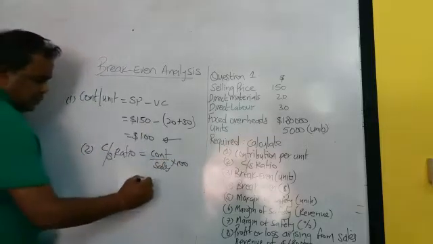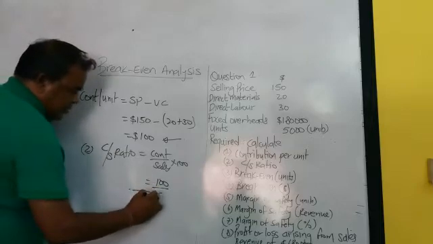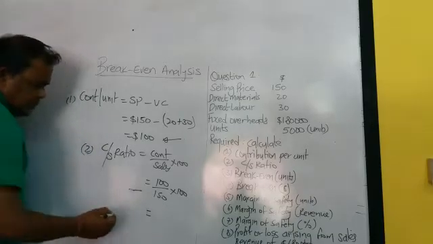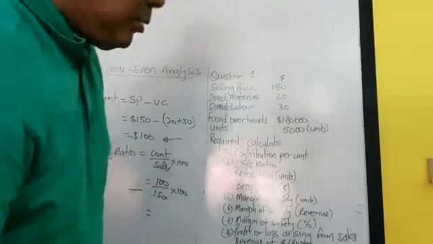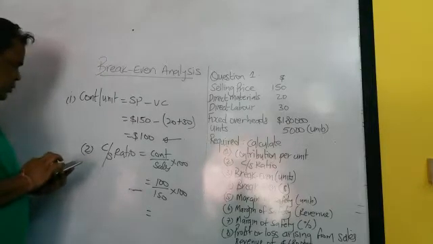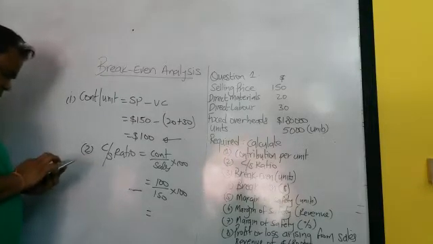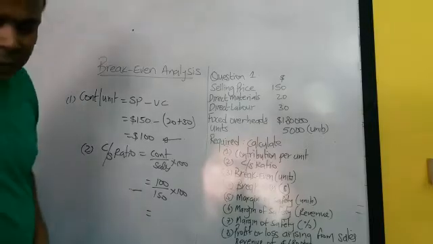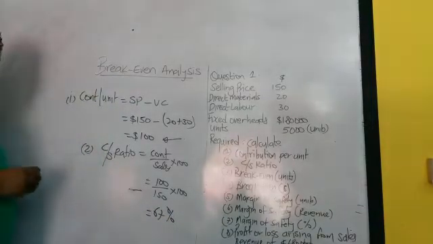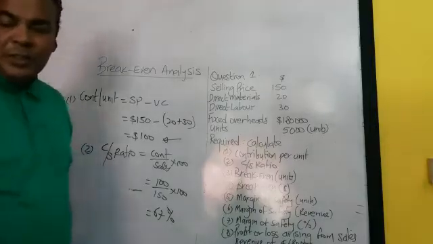Here we have the contribution over the selling price, times 100. So this will give us contribution over 150 times 100, which gives us 66.6, meaning 67%. CS ratio is 67%.